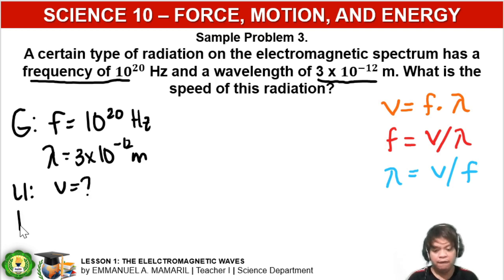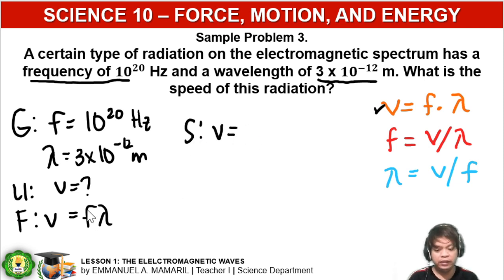So the formula for speed, so here, speed is simply frequency times wavelength. So mumultiply lang po natin tong dalawang to. So for the solution, speed is equal to frequency.